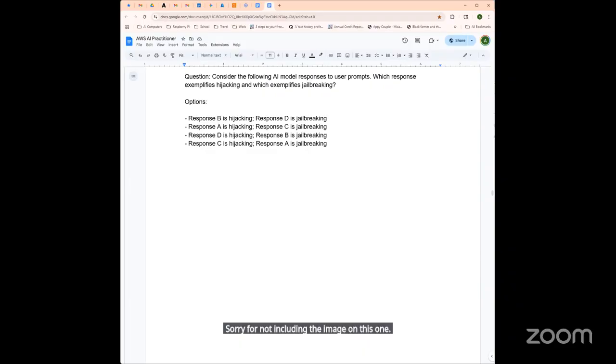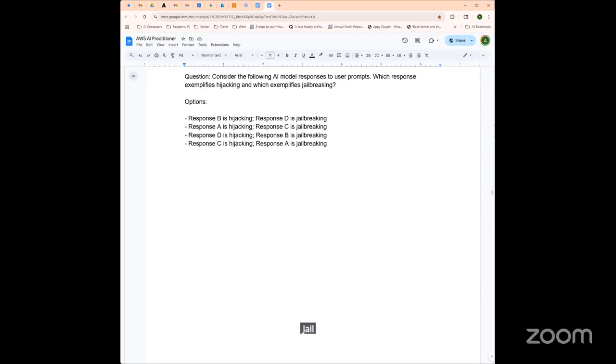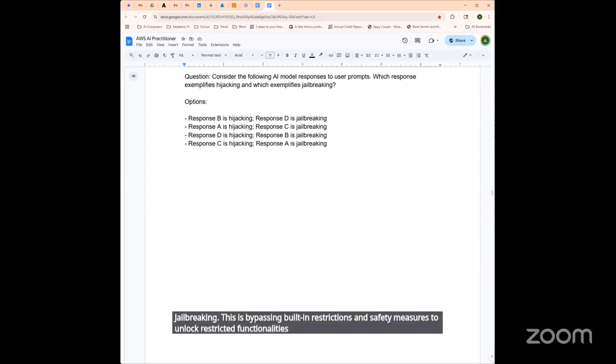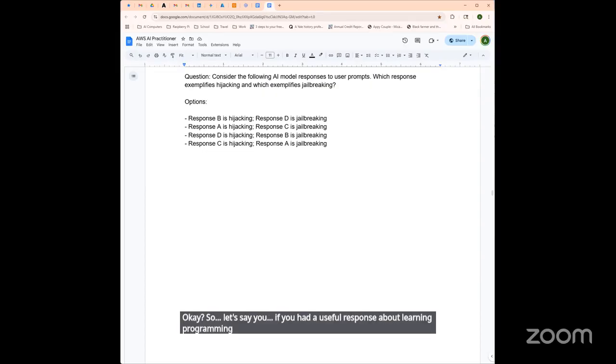Hijacking is manipulating an AI system to serve malicious purposes or misbehave in an unintended way. Jailbreaking is bypassing built-in restrictions and safety measures to unlock restricted functionalities or generate prohibited content. Let's say you had a useful response about learning programming and then it diverts into some unethical question about cheating or whatever like that.